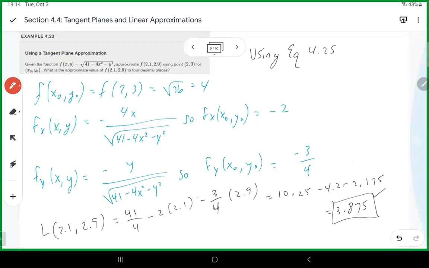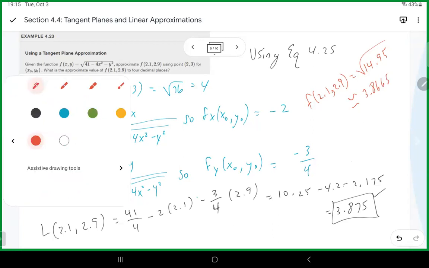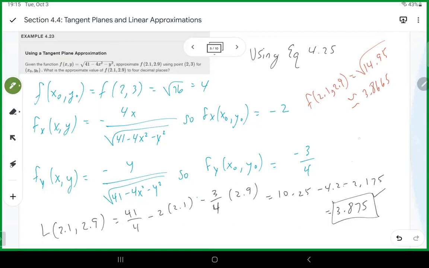So now we're going to do f of 2.1, 2.9. You plug it in, you're going to end up with the square root of 14.95, which approximately is 3.8665, which is a 0.2% error in approximation.